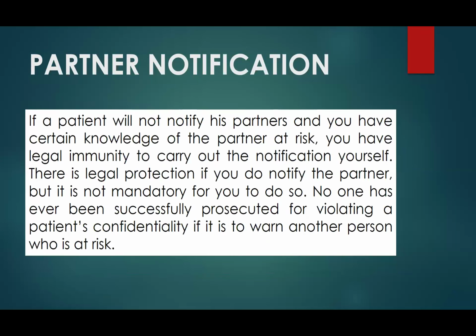If a patient will not notify his partners and you have certain knowledge of the partner at risk, for example, if you are the doctor of the family and you know the partner of your patient, you have legal immunity to carry out the notification yourself. There is legal protection if you do notify the partner, but it is not mandatory for you to do so. So if you want to go and inform the partner, you can.